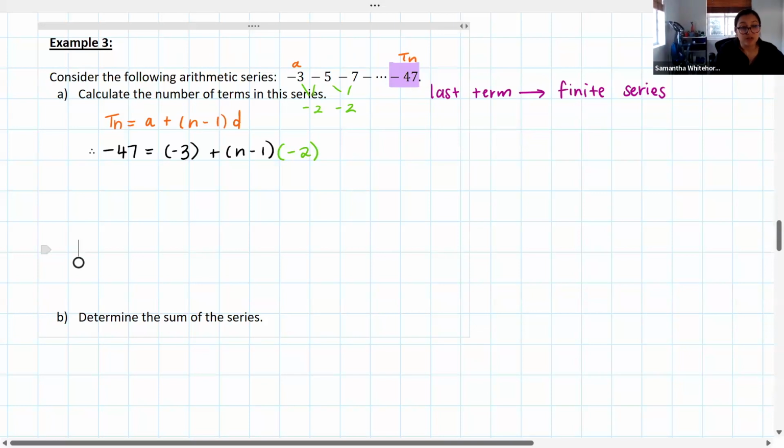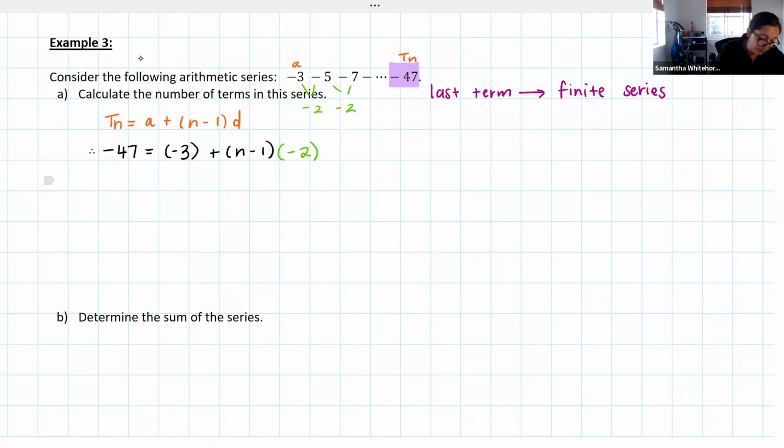And once you have all of that, you can now solve for n. How you choose to do this, guys, it's up to you. Some people like to start moving terms immediately. Some people like to simplify, whatever. I'm immediately going to bring this -3 over to make it +3. So that would be -44 is equal to, and if we distribute that -2n, we would have -2n plus 2.